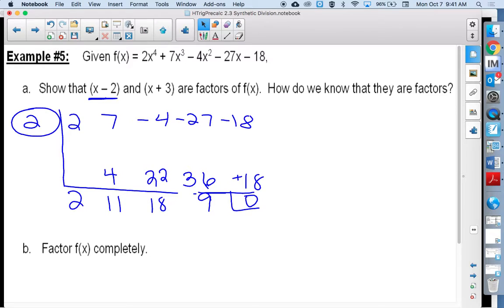Okay, so this is what I get after I divide. This is now x cubed, x squared, x, and then my number 9.